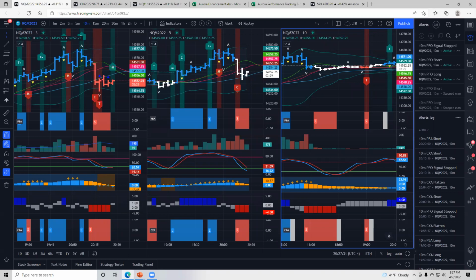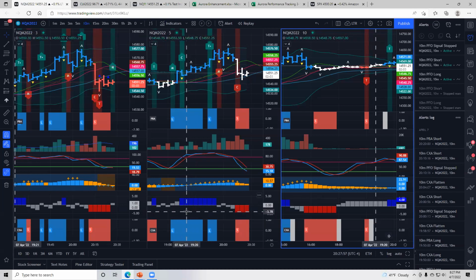Montana Mike is just asking for confirmation for the PFO signals to be active. I think he means for us to get a signal. Does the color of the PFO need to be present, not just the direction of the PFO, but the actual color? The only thing we consider in alignment, Montana, is that the color of the PFO is aligned with the other indicators as mentioned.